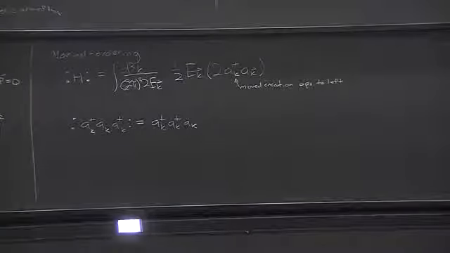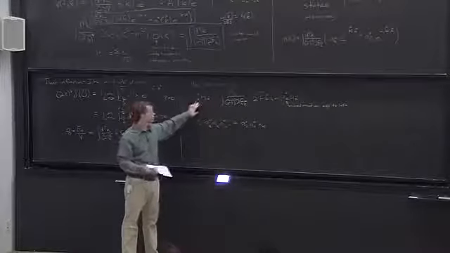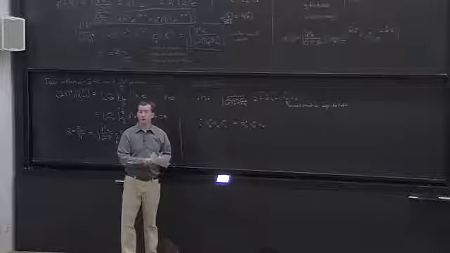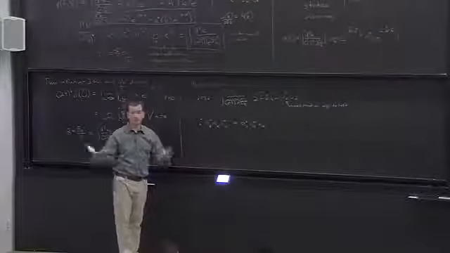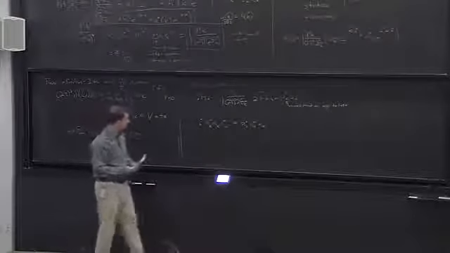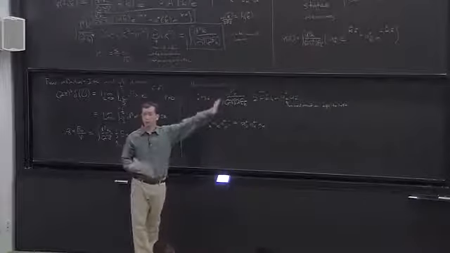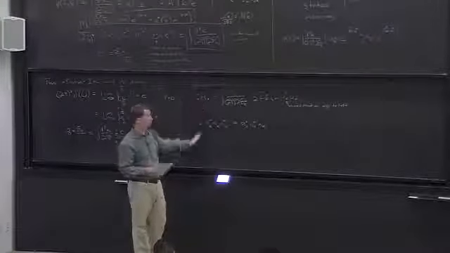Another way to think about it is you can think about a normal ordered version of an operator as an operator minus its vacuum expectation value, its expectation value in the vacuum state. And so step 4 of our quantization procedure is going to be to normal order all of our classical operators.